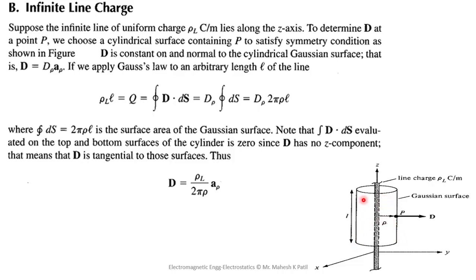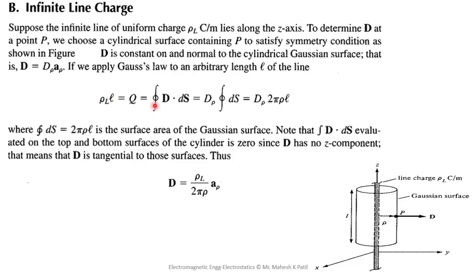The length of this cylinder is L, and the point on the surface of this cylinder is assumed as P. The total charge present in this line charge is Q. So total charge can be written as line charge density rho L into total length L. So Q equals rho L into L.